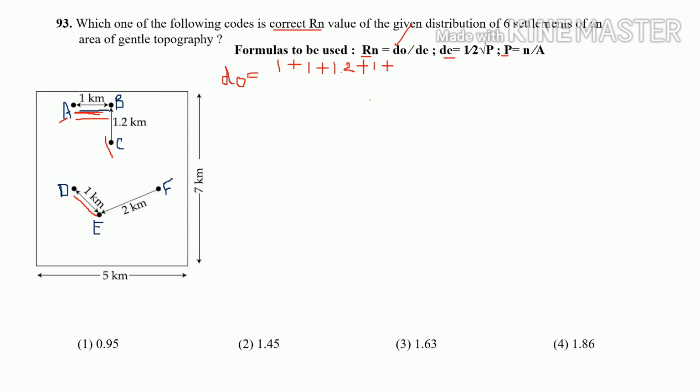And then the shortest distance from E. You will ask why not F. It will not be F because that is 2 kilometers.